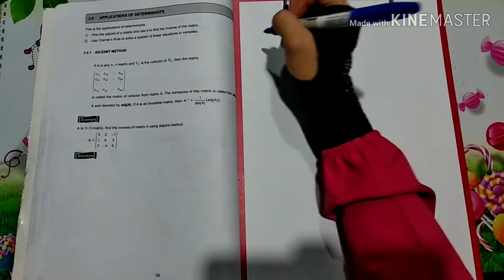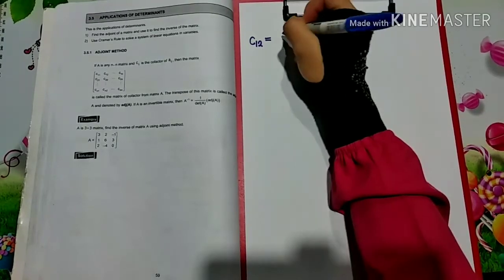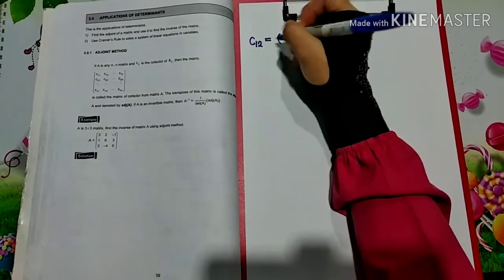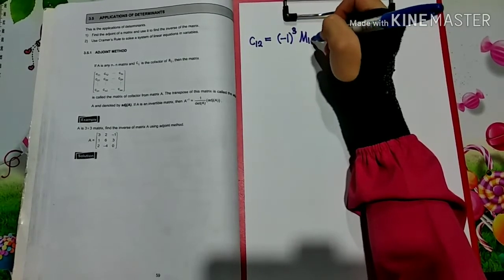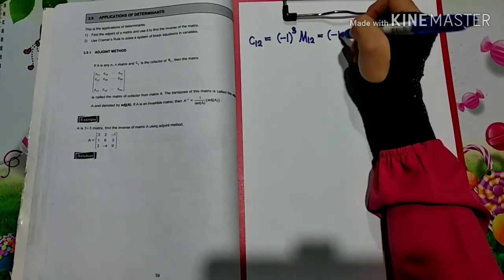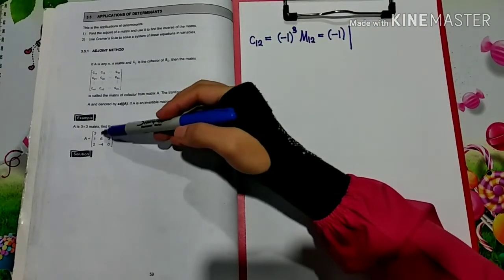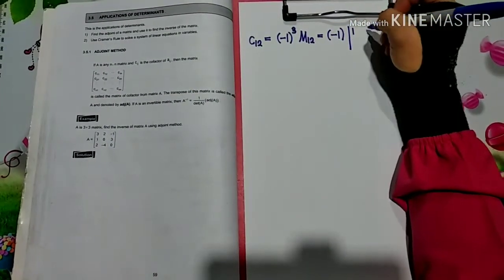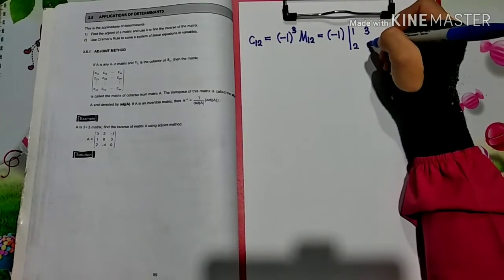Next, we find C12. So equal to negative 1 power 1 plus 2, 3, and then M12. So negative 1 power 3, negative 1. For M12, we delete first row, second column. So you only get this entry, 1, 3, 2, 0.